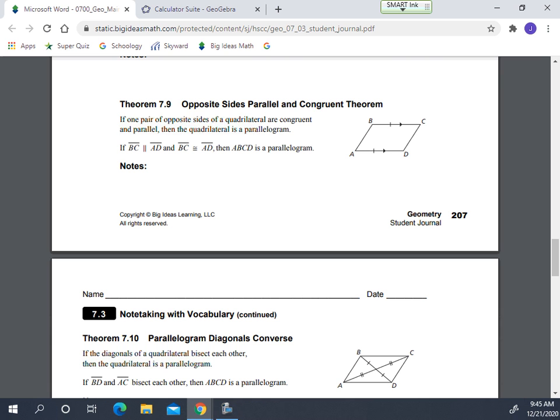And if one pair of opposite sides of a quadrilateral, just one pair, we only need one pair, are congruent and parallel, then the quadrilateral is a parallelogram.